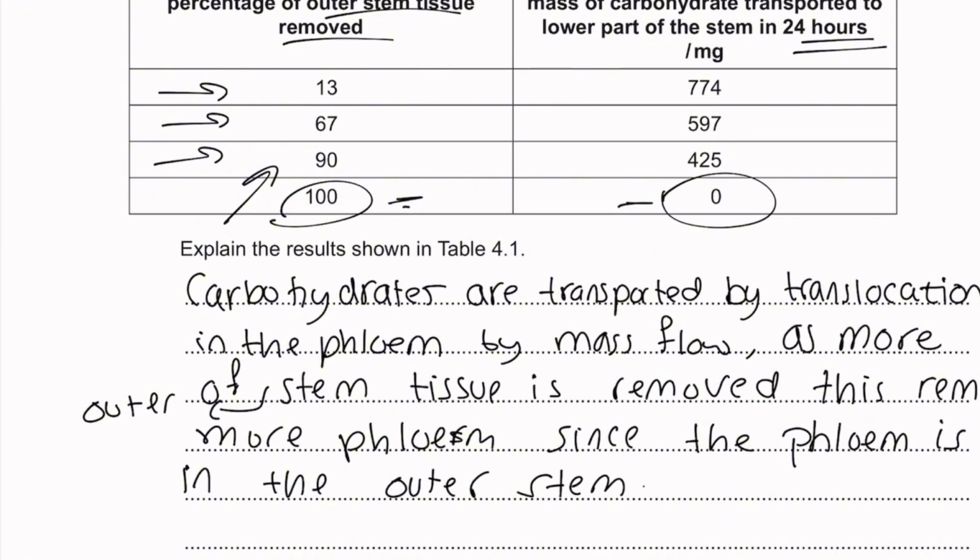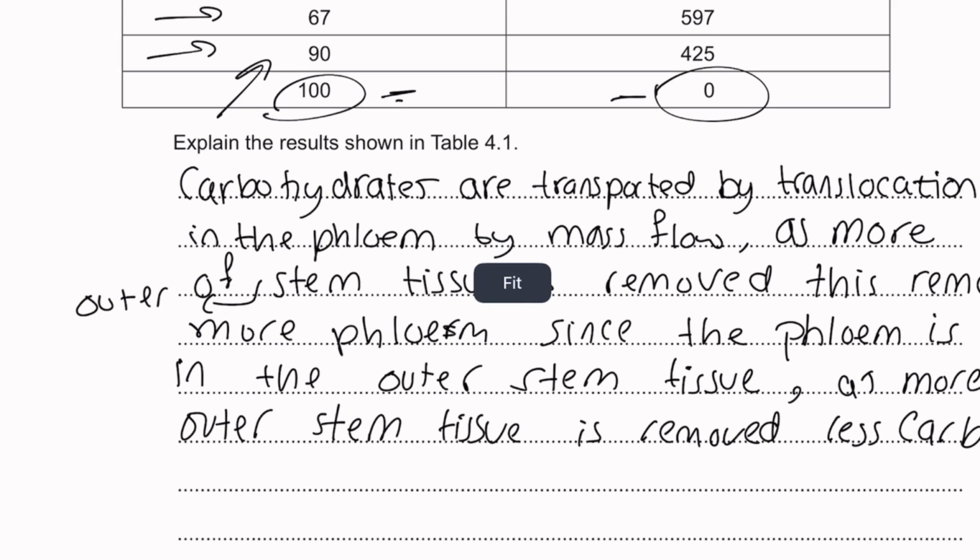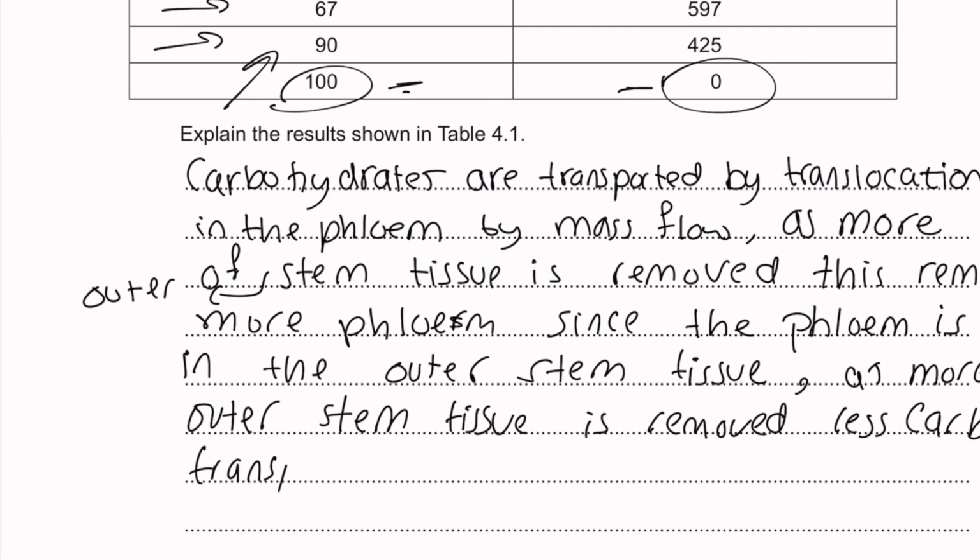Now that we're done explaining in general, we can refer to the results. So as more outer stem tissue is removed, there's less carbs transported or moved by translocation.